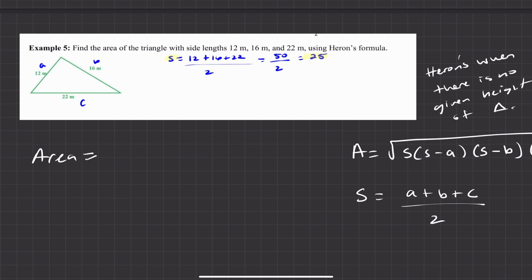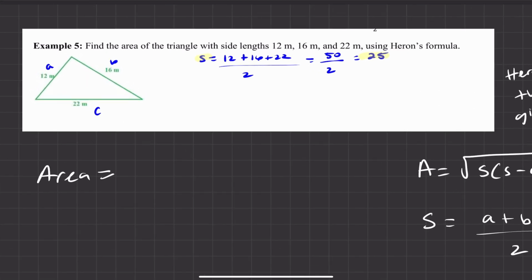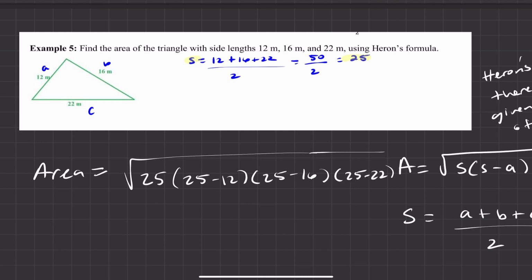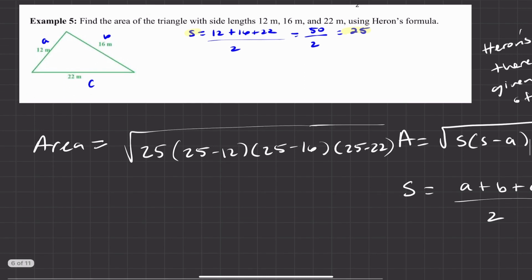Here we go. Area is equal to the square root of 25 times 25 minus 12 times 25 minus 16 times 25 minus 22. And once you reach this stage, make your life easier by plugging all of this exactly into the calculator. I'm going to do that right now.